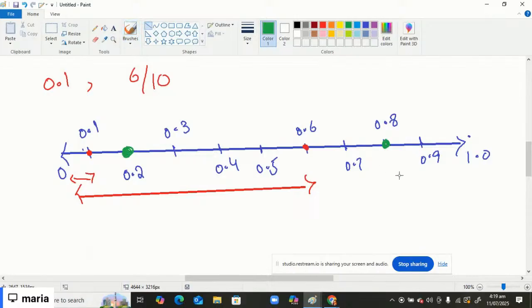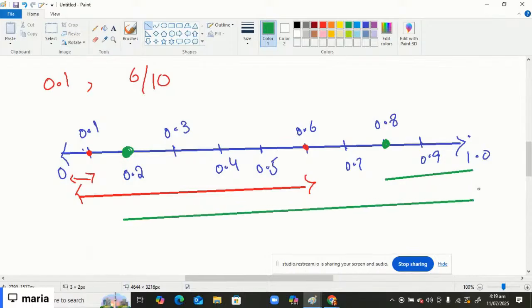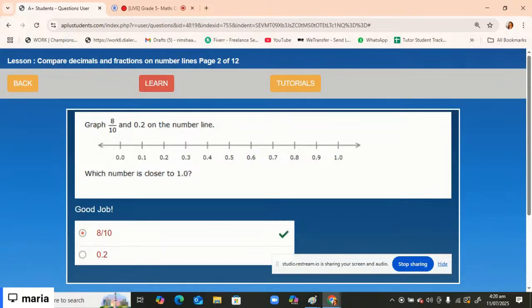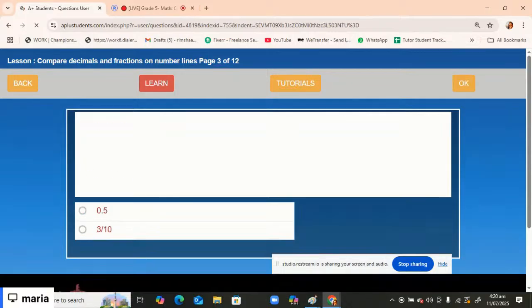Now look here at the difference between these two and now the difference from this. So which one is closer to 1.0? This 0.8 is closer, that is 8 by 10. So you can say that 8 by 10 is closer to 1.0, and this is also the right option.